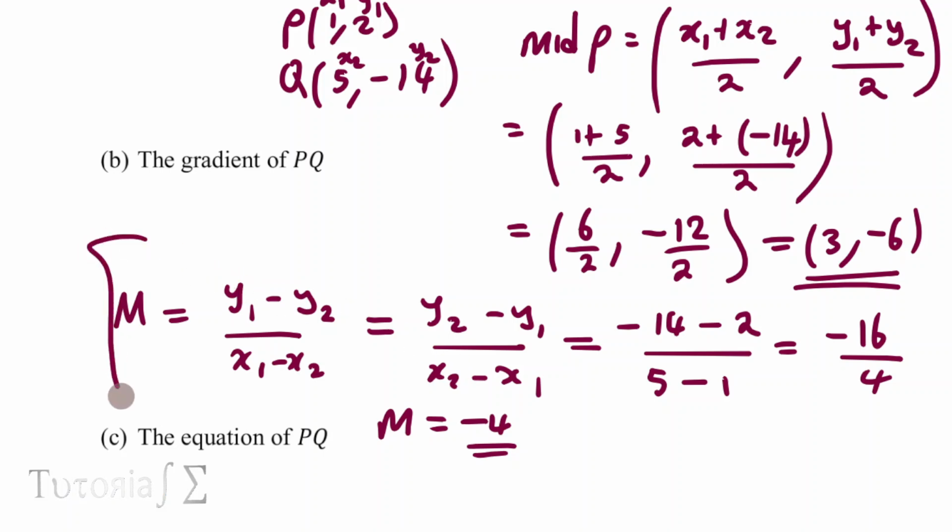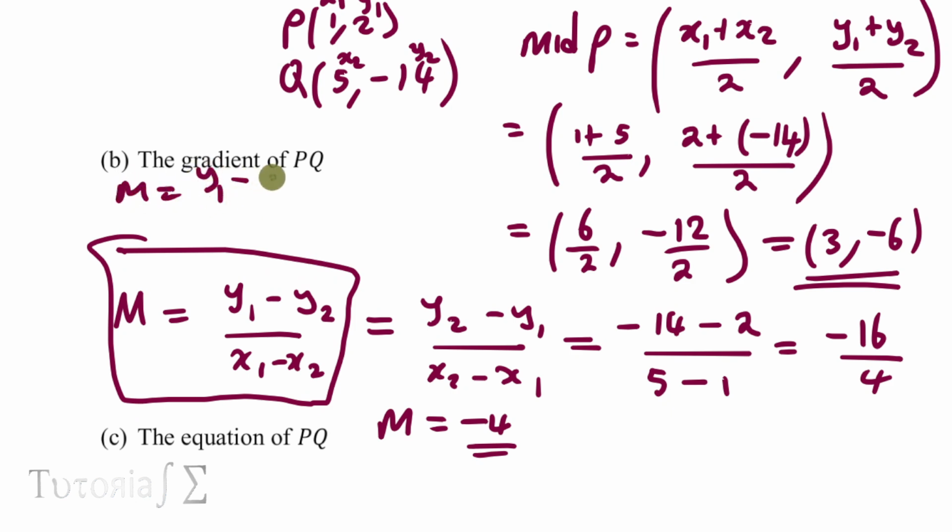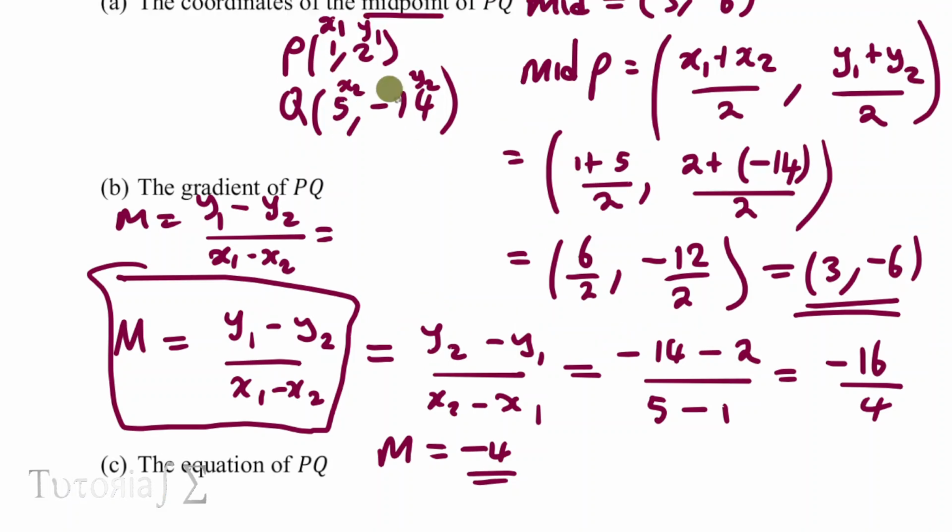Now if we use the other formula, we would get the same answer. Let's try it. m is equal to y1 minus y2 over x1 minus x2. Our y1 is 2, minus our y2 which is negative 14.